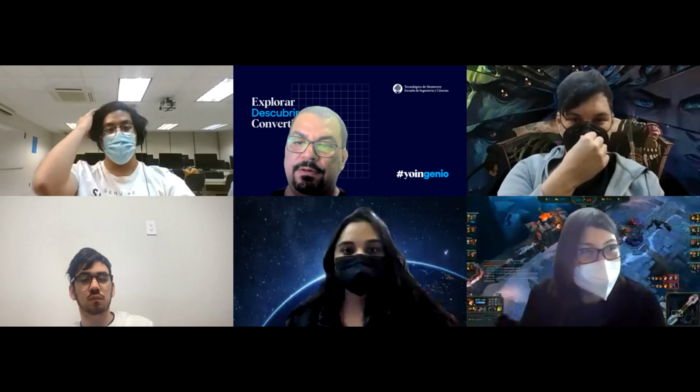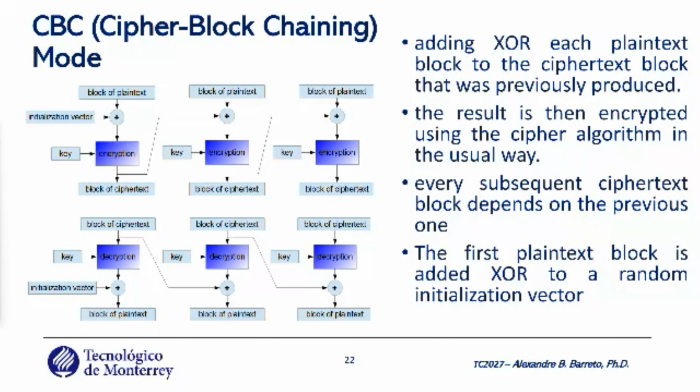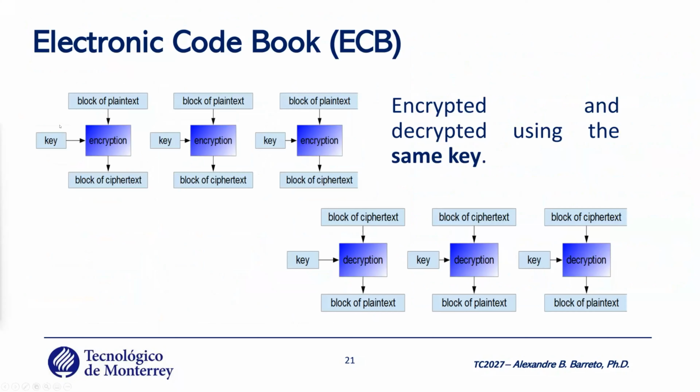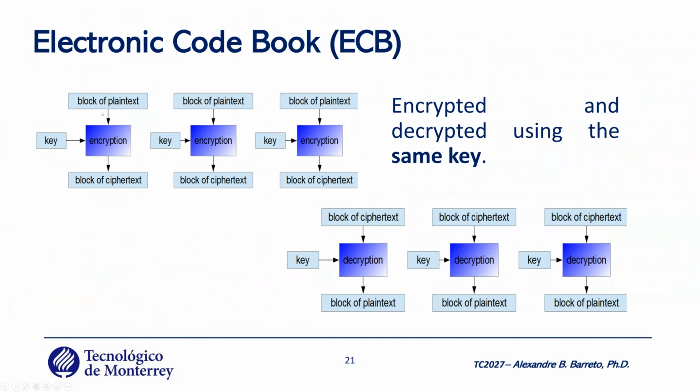The idea here, because I cannot see you, is that in the first model, I go back once more, here is the simple model. You use the same key in all block encryption.